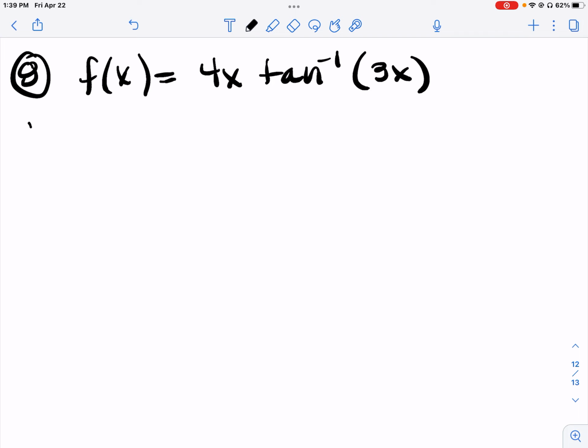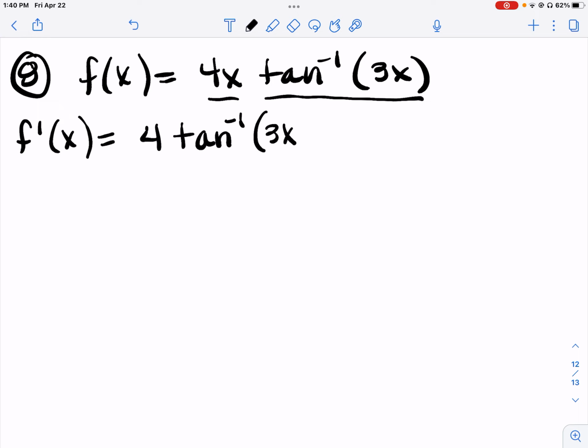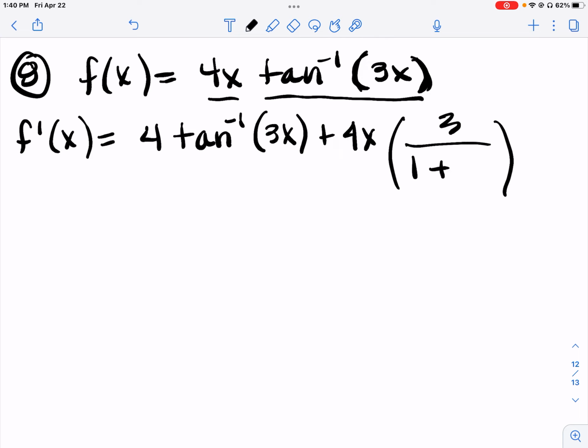The derivative of an inverse tan, this is a product rule. So I'm going to take the derivative and then rewrite the other. Plus, now I rewrite the first. The derivative of tangent inverse, you put the derivative of the angle over 1 plus the square of the angle.